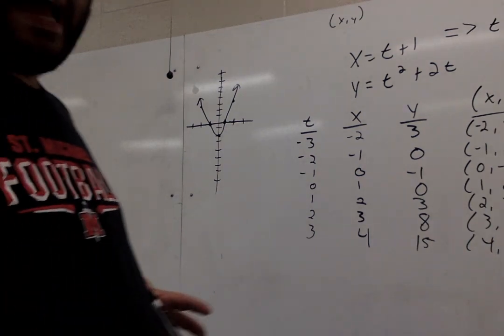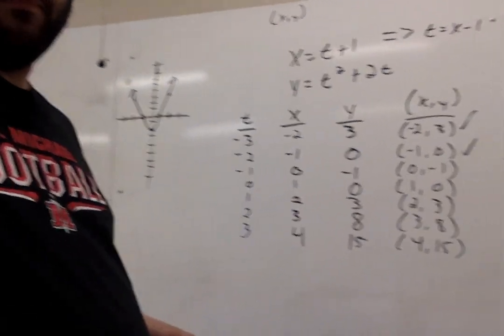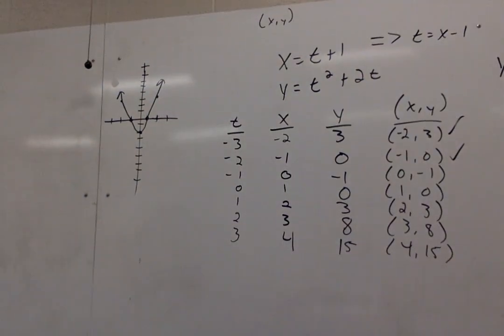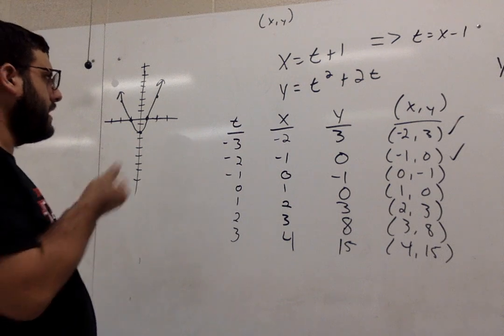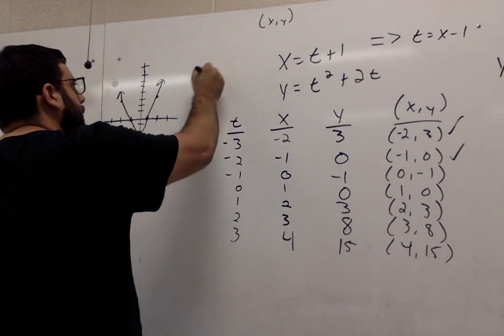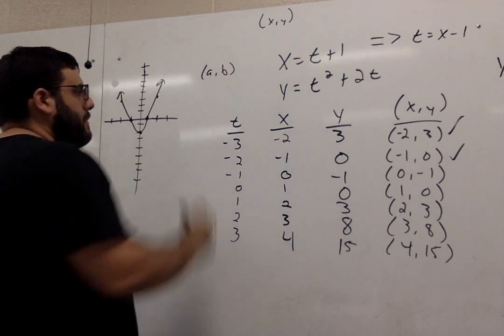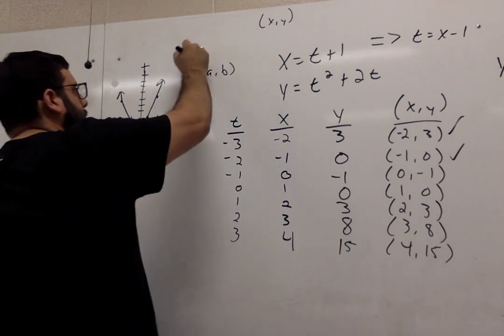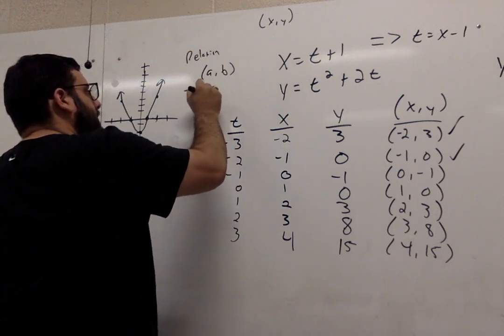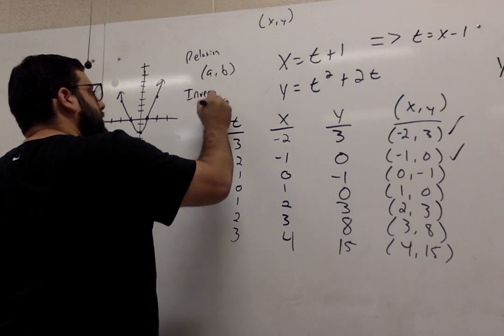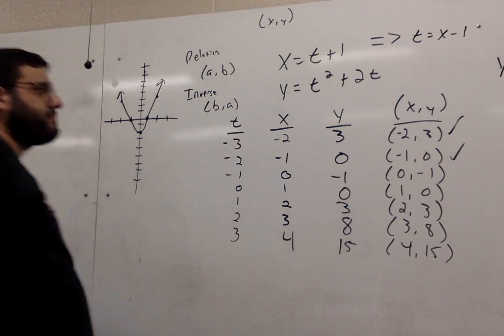Now, where we get in trouble here is when it comes to inverses. An inverse of a relation: let's say I have a relation with an ordered pair a comma b. If I want the inverse of that, all I have to do is switch the variables around.